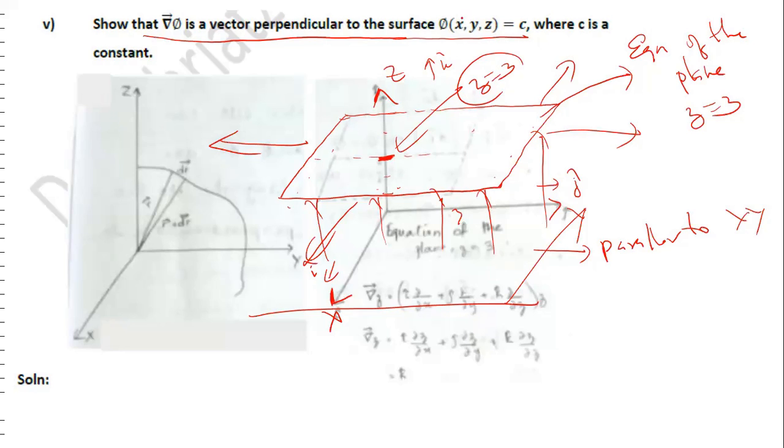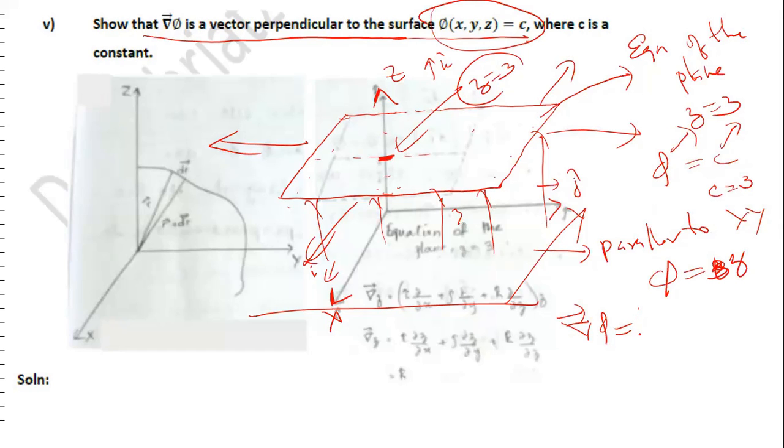So if you compare with phi equal to c, that means here your phi is z, your c is 3. Right. So now if you take a grad of this, grad phi will be i del upon del x plus j del upon del y plus k del upon del z.